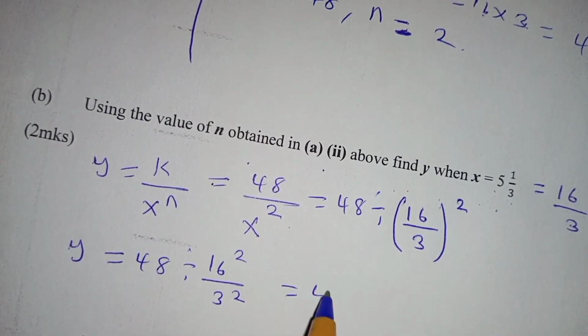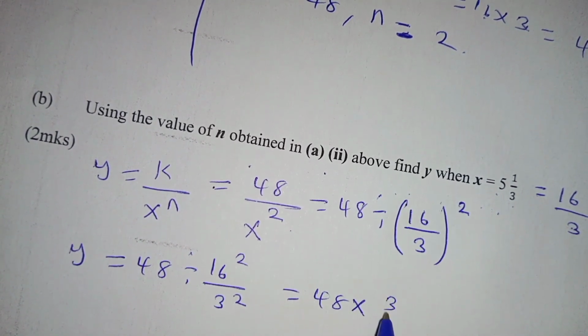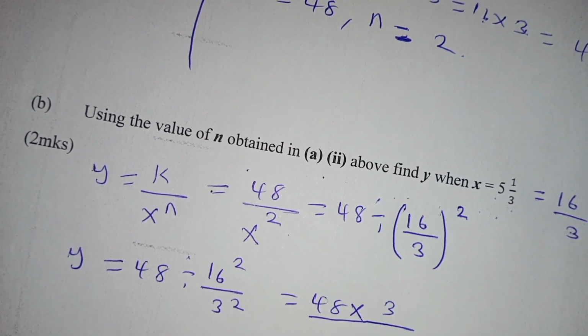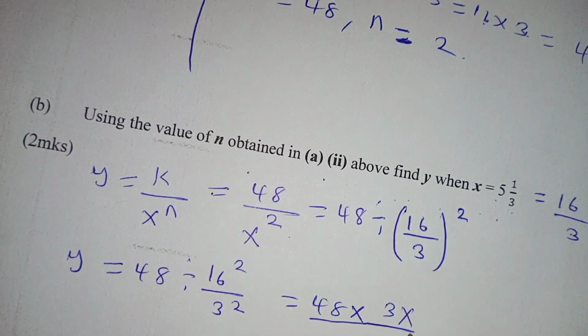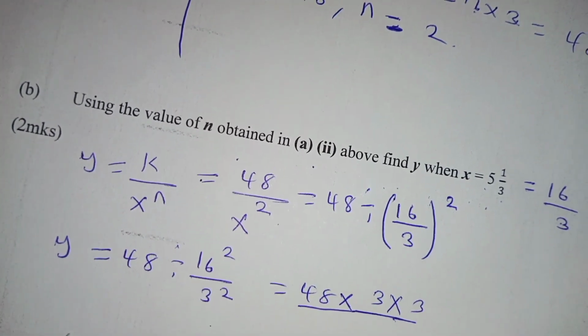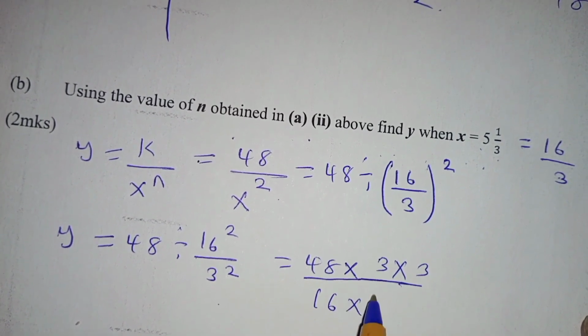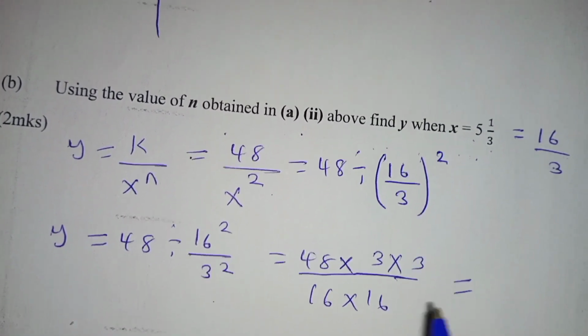which is equal to 48 multiplied by the reciprocal of 16 squared over 3 squared, which is 3 squared over 16 squared, which is the same as 3 times 3 over 16 times 16. Then you simplify this.